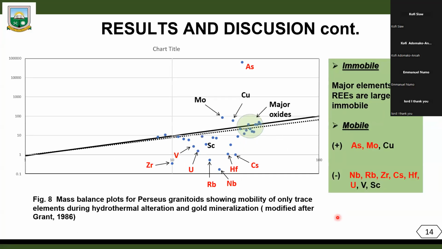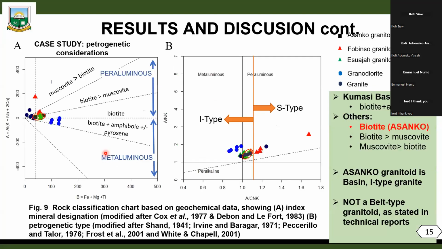The next was to consider the relationship of the granitoids within the Asanko deposits, and how they can be related to the tectonic setting within the area. Remember, I said earlier that the setting there was considered to be mainly a subduction zone environment.